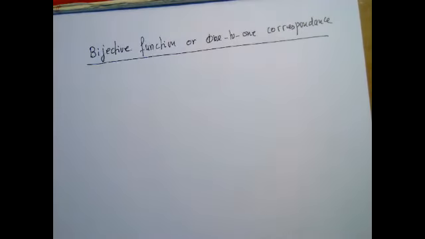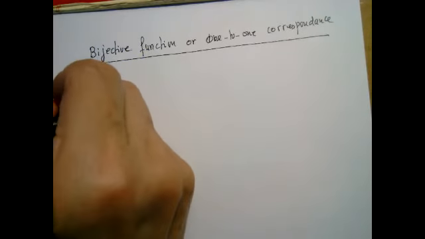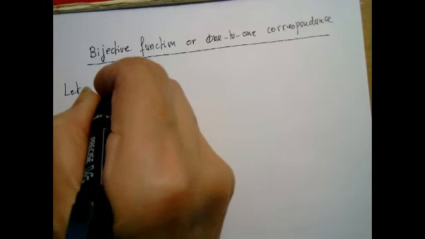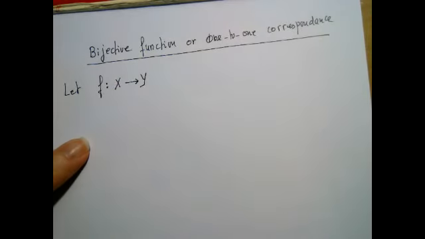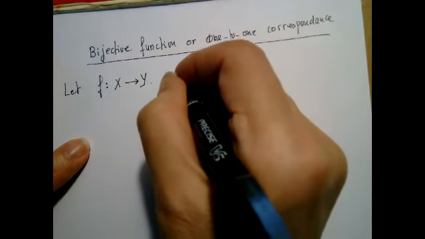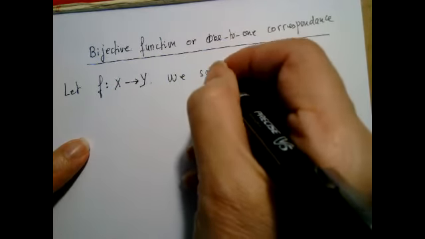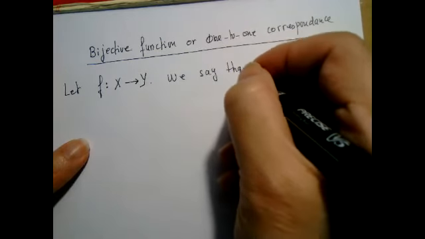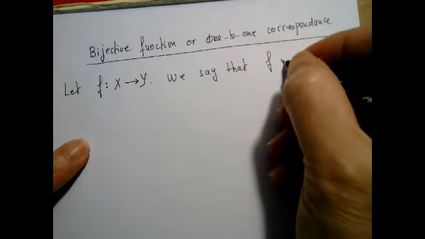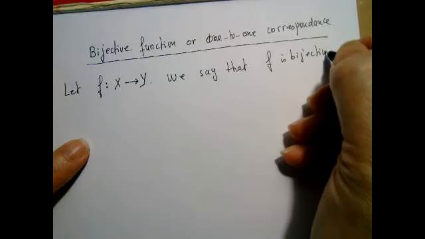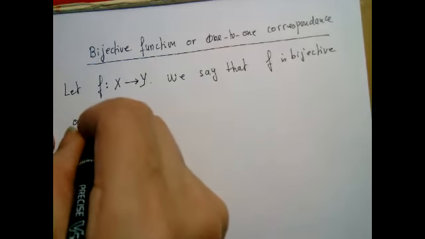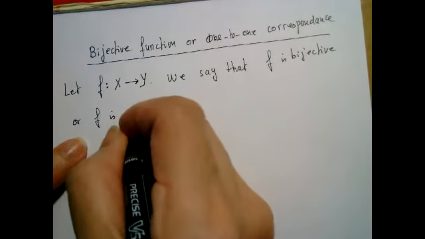Okay, so let f be a function from X to Y. Then we say that f is bijective, or f is a one-to-one correspondence.